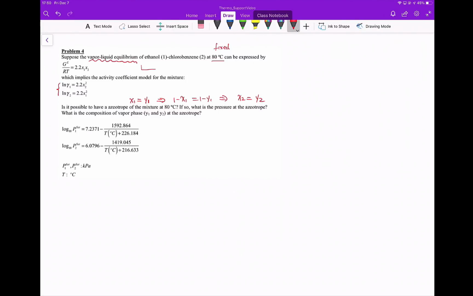If this is VLE, T1 is T2, which is known.